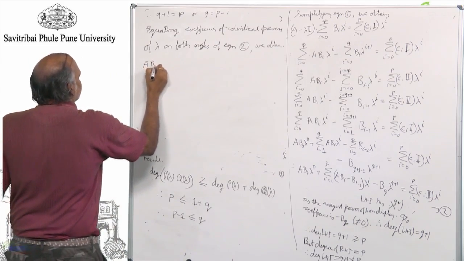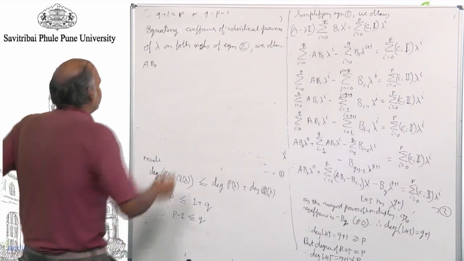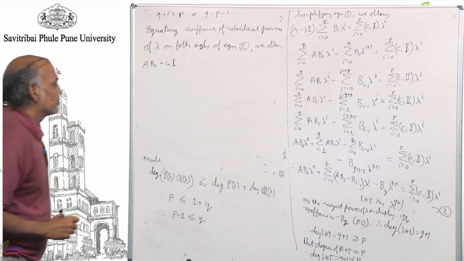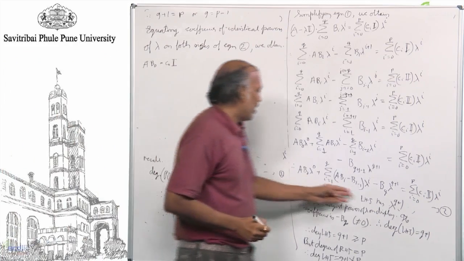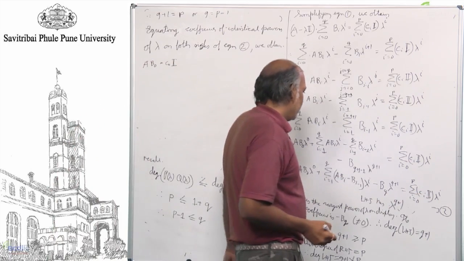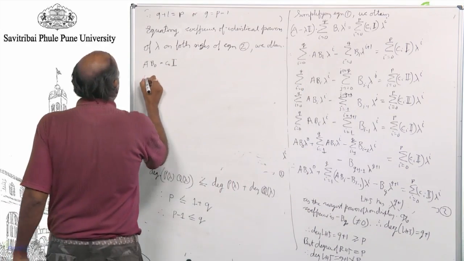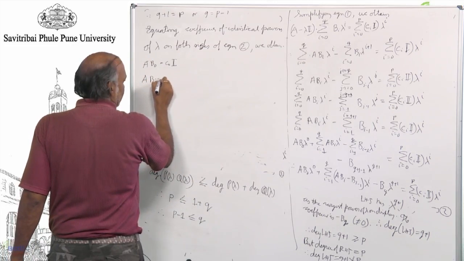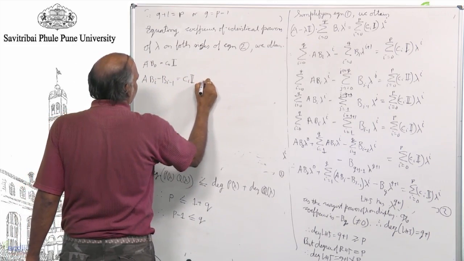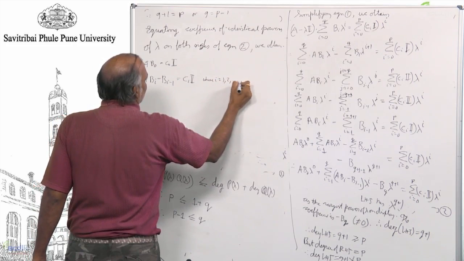A b 0, there is no lambda to the power 0 here, would be C0 times identity. Then you have this big thing, and you are going up to q. Q is p minus 1. So you simply have A b I minus b I minus 1 equal to C I times identity, where I equals 1, 2, whatever that is, up to p minus 1.